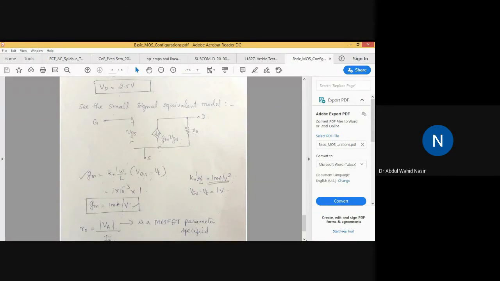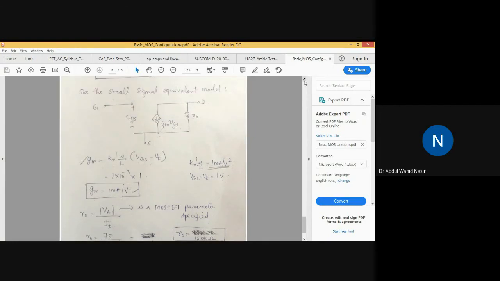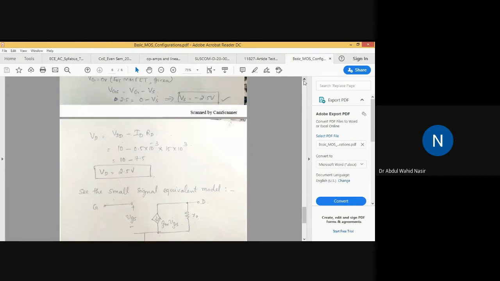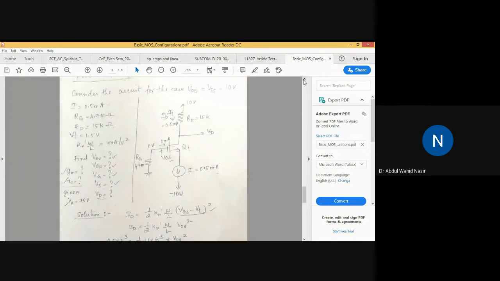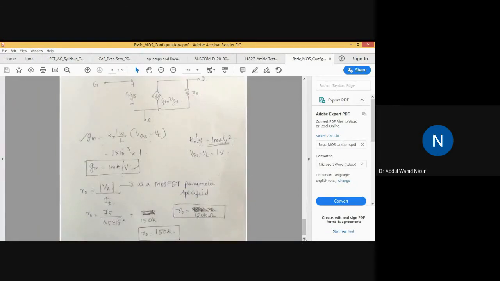And then ro. The output resistance is VA by ID. VA is the MOSFET parameter that is specified.